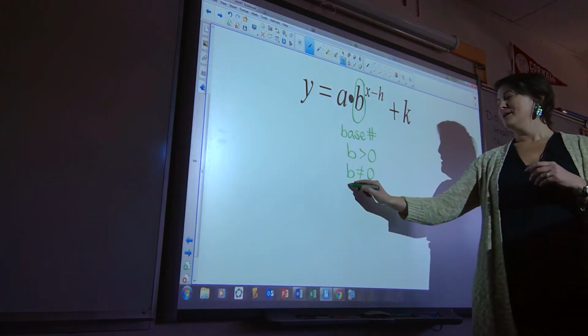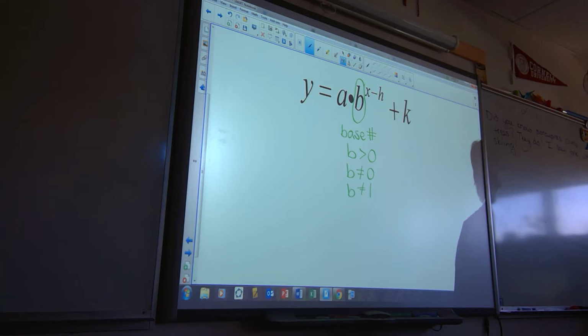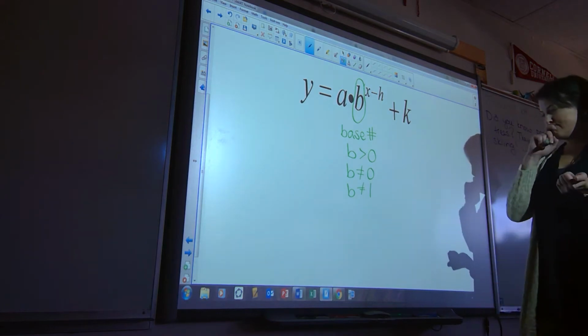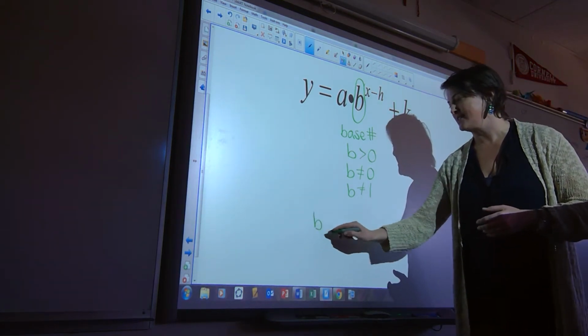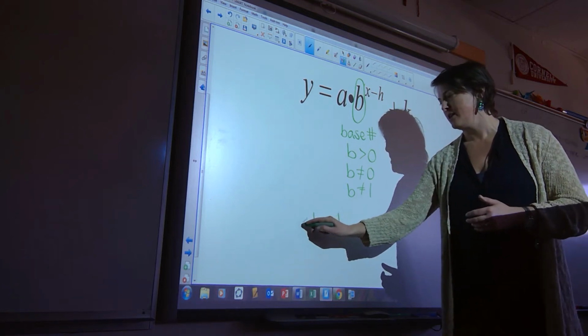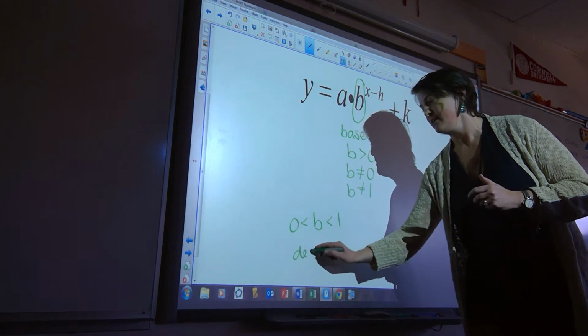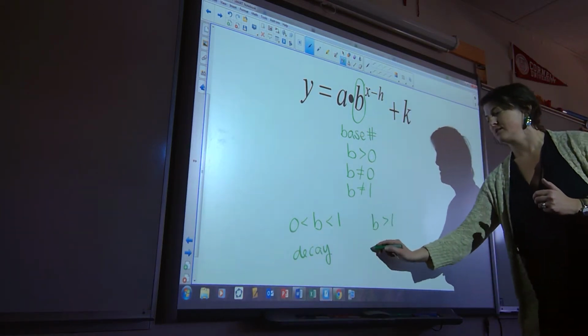The base number will never be a 1 because if you're just magnifying something by 1 over and over and over, it's not growing or decaying. And then what we're going to see is that when the base number is a fraction, that is a decay function. When it is bigger than 1, that is a growth function.